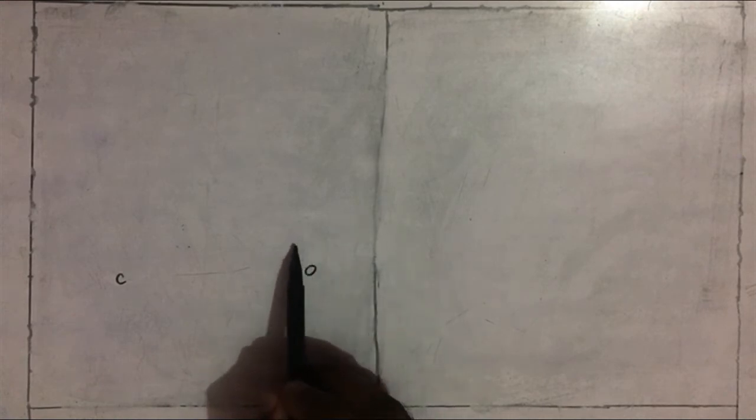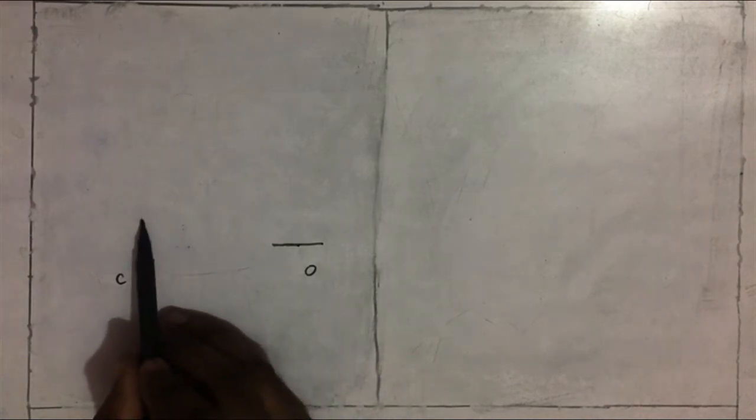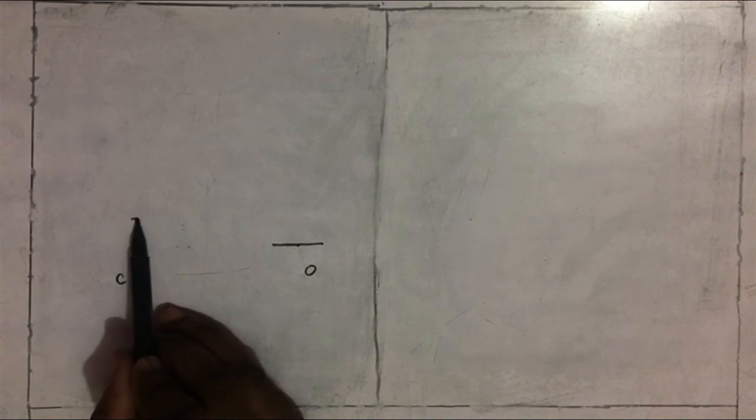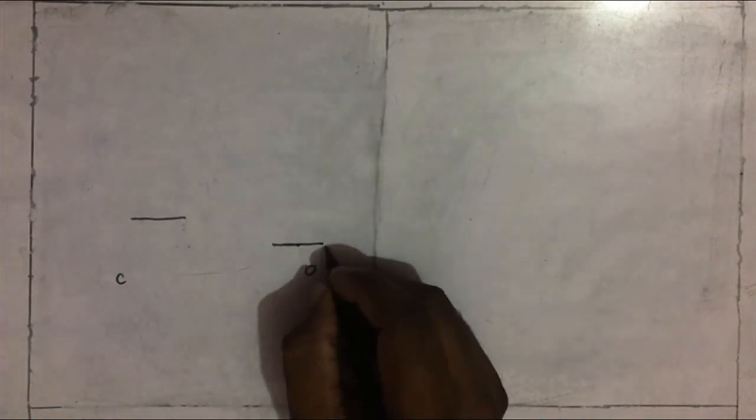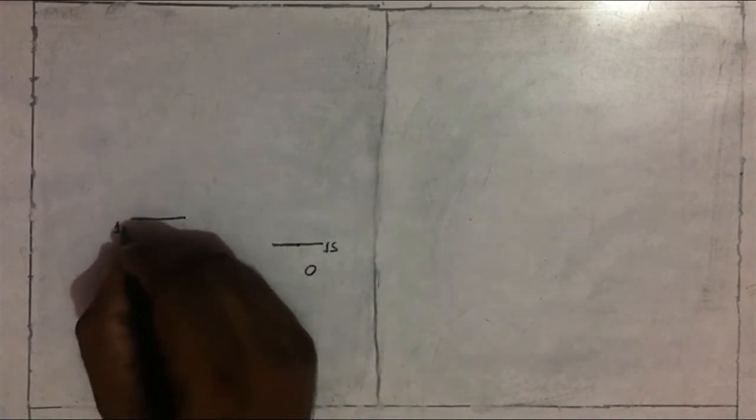So for oxygen it is lower, and for carbon it should be a little bit higher, like this. Okay, so this is 1s for oxygen, this is 1s for carbon.